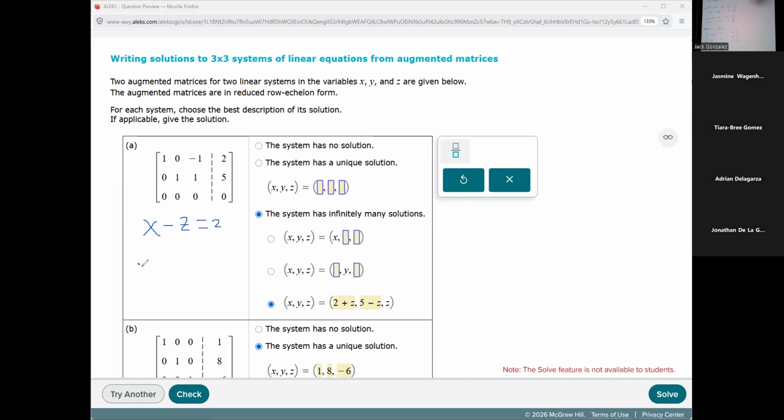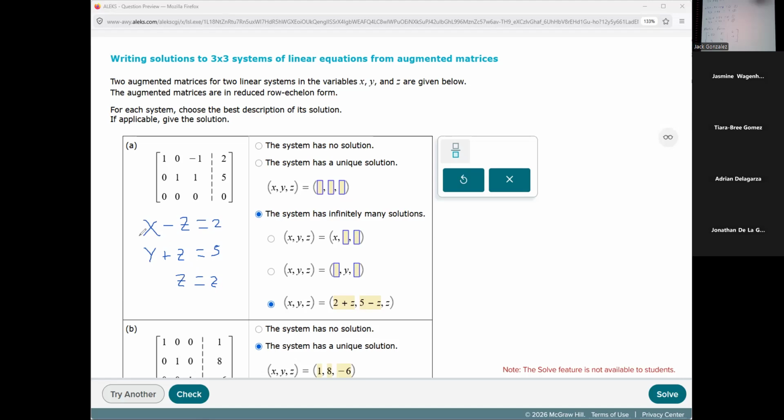The next one is y plus z equal to 5. When you have a row of zeros, you say z is whatever, just z.